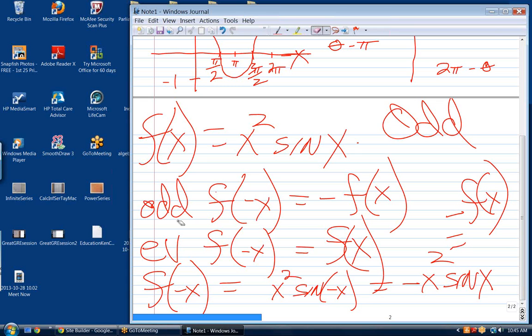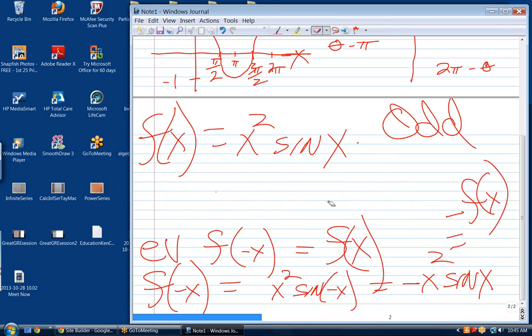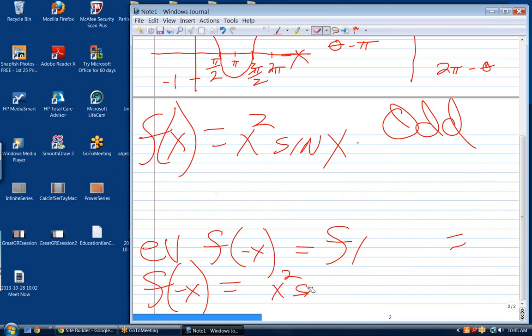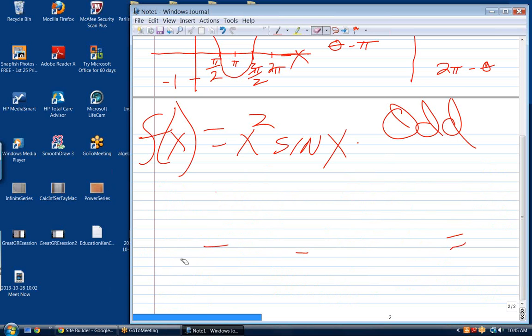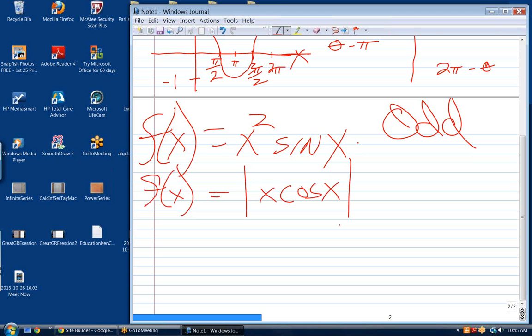Alright, so the absolute value of x cosine x. I would guess the x in front is the only thing in the absolute value. What's an absolute value function?